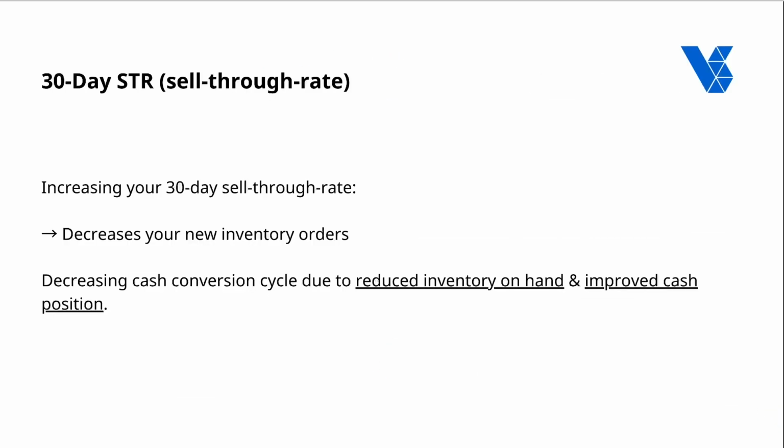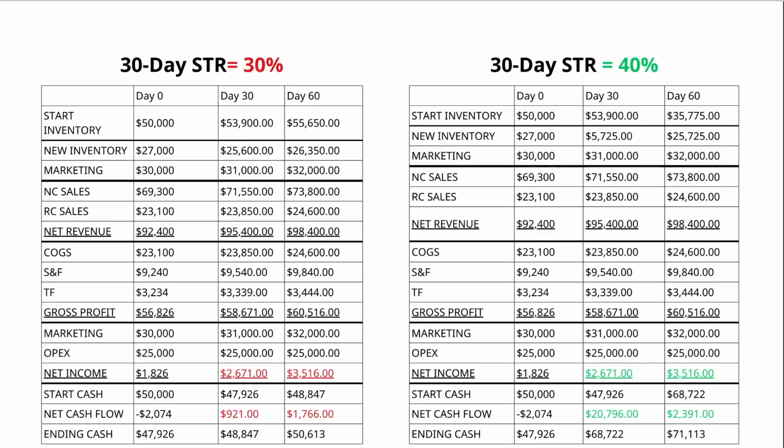We then have 30-day sell-through rate. So increasing your 30-day sell-through rate decreases your new inventory orders, which reduces inventory on hand and improves your cash position. So if you were to improve your 30-day sell-through rate from 30 to 40%, and that could be a function of decreasing SKUs on hand that don't have strong sell-through rates, so simply refining your product range, and in addition, having a better inventory and purchasing management system, what ends up happening to your cash position is it goes from 50,000 to 70.